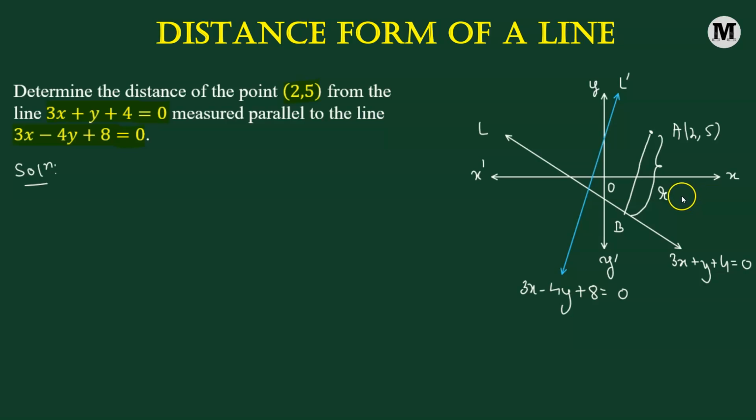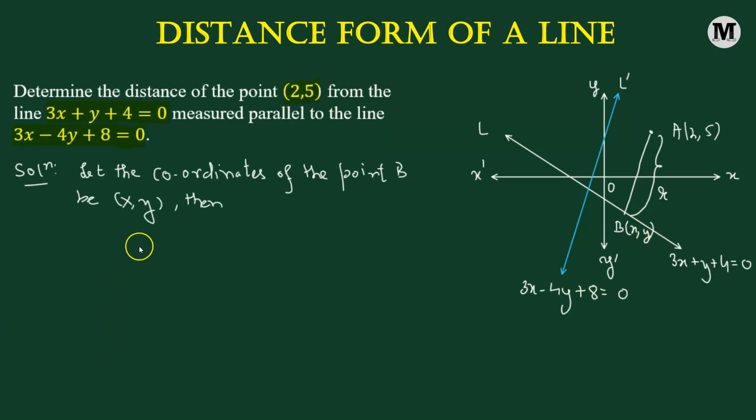Here we're going to use the distance form of a line. If we consider the coordinates of point B to be (x, y), then we can use the distance form to represent the equation of the line AB.